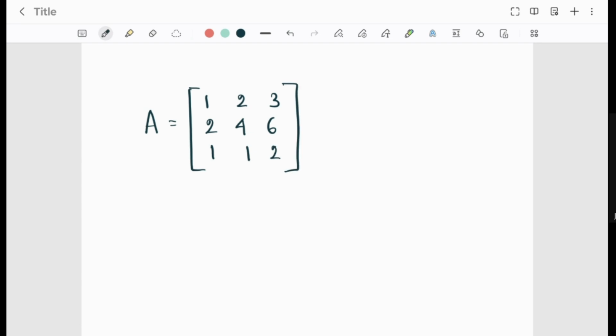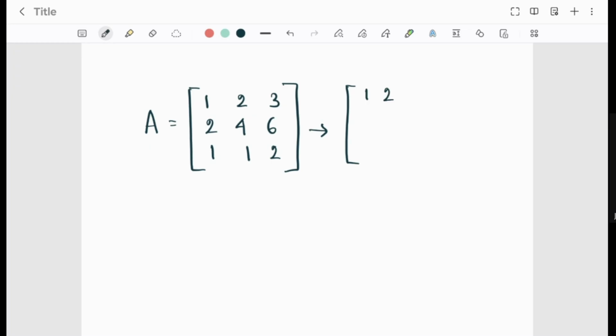Can you please calculate the rank of this matrix? Ma'am, is it 2? Yes. So how do you calculate the rank of a matrix?